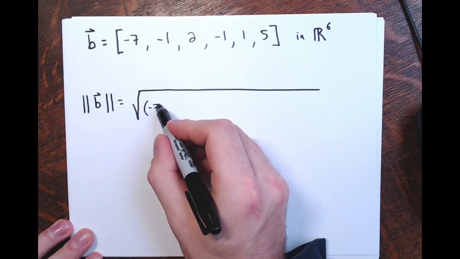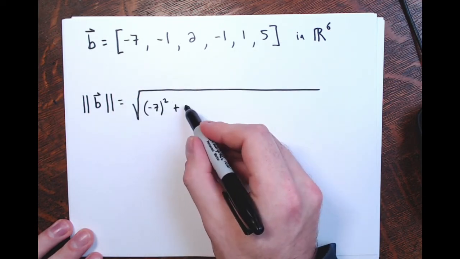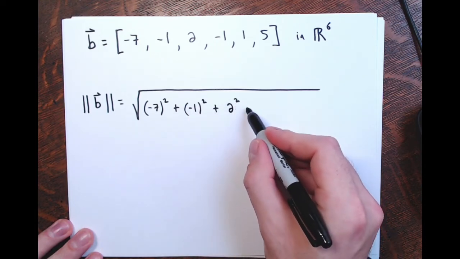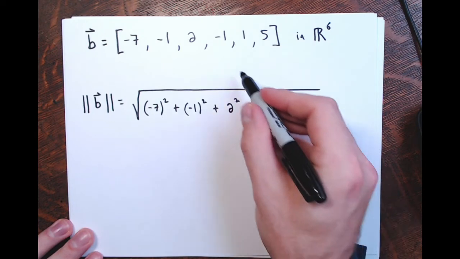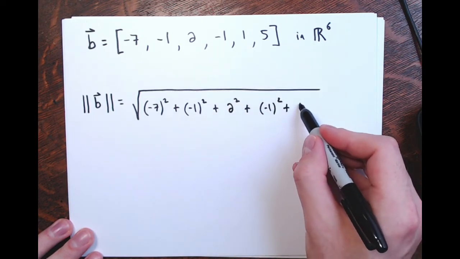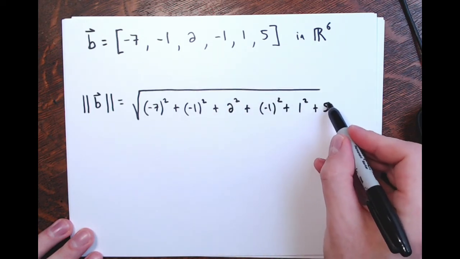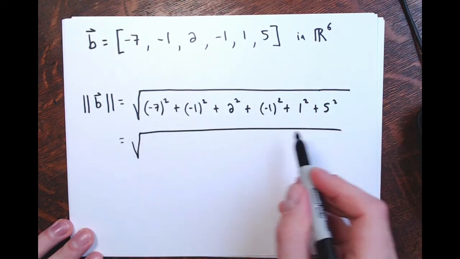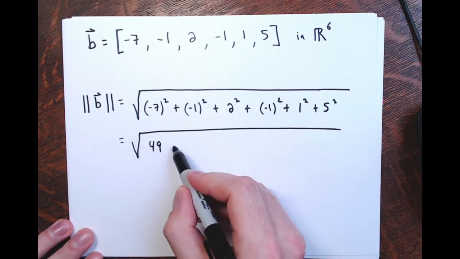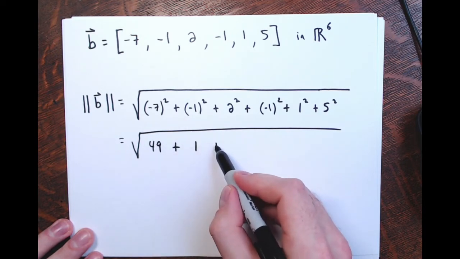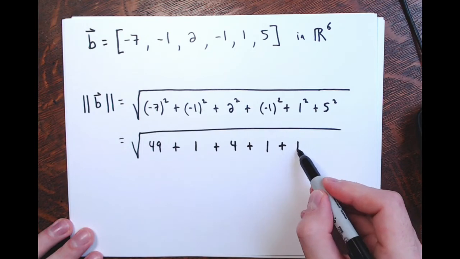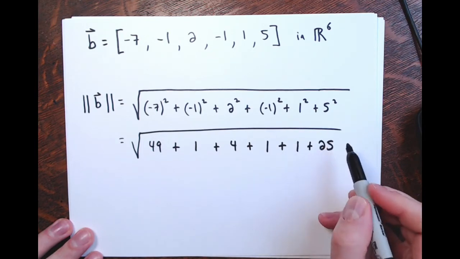So negative 7 squared plus negative 1 squared plus 2 squared plus negative 1 squared plus 1 squared plus 5 squared, all in the big square root. That's 49 plus 1 plus 4 plus 1 plus 1 plus 25.